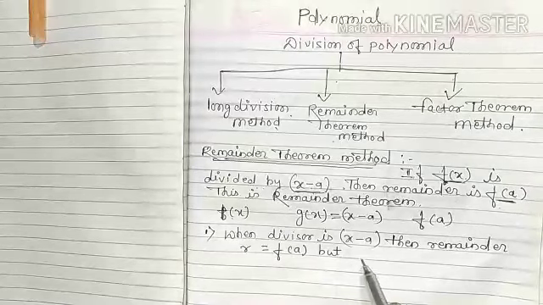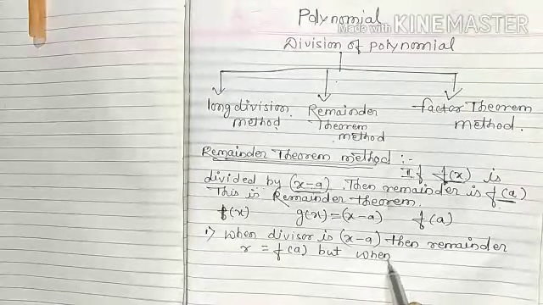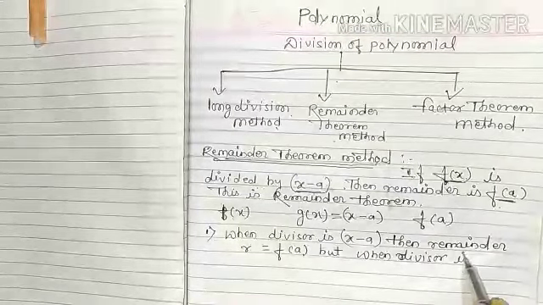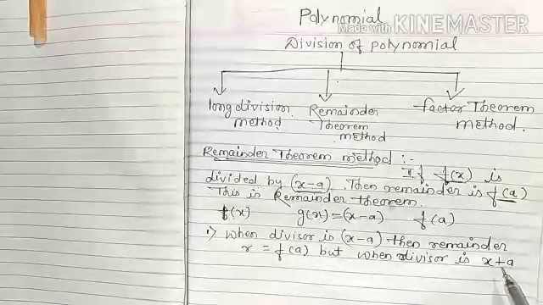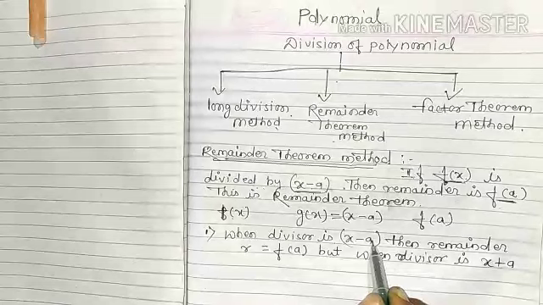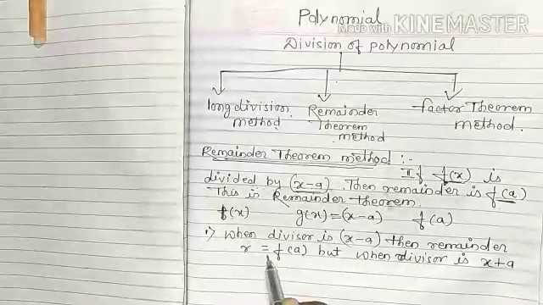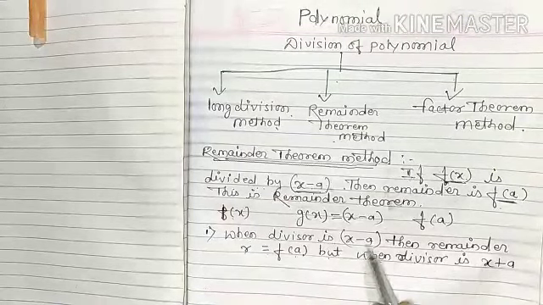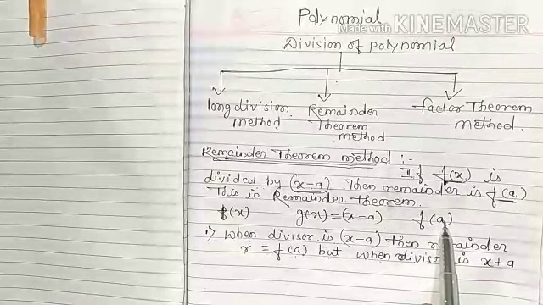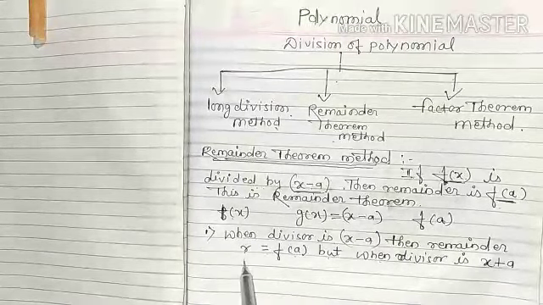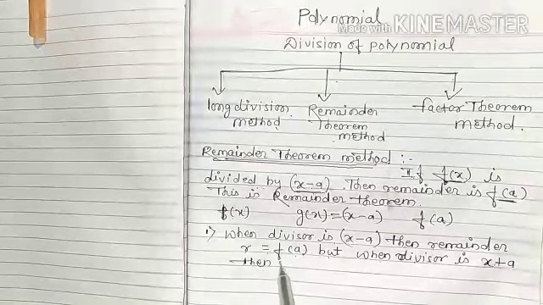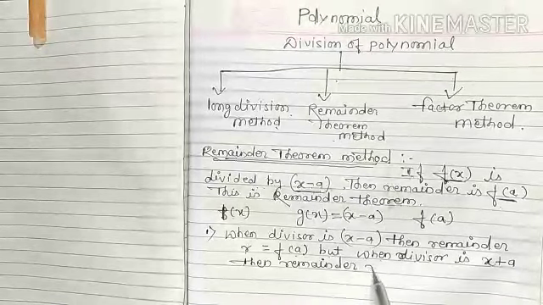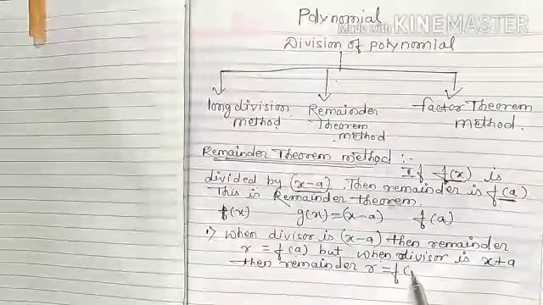But when the divisor is x plus a, then the remainder r is equal to f(minus a). When the divisor is x minus a, the remainder is f(a); when the divisor is x plus a, the sign changes and the remainder is f(minus a).